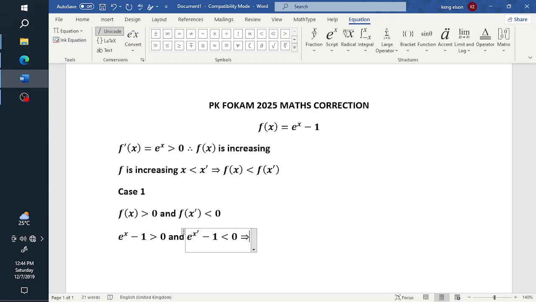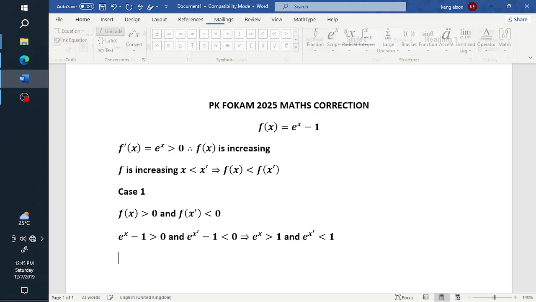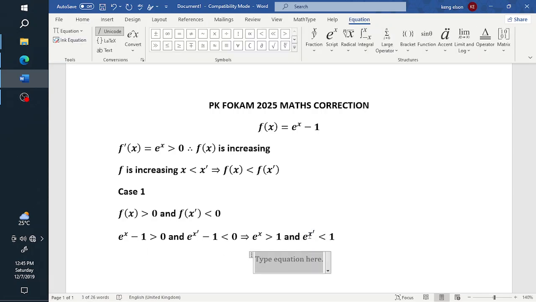So the first solution will be e to the x is bigger than 1, and the second solution will be e to the x prime is less than 1. If e to the x is bigger than 1, this one is actually the same as e to the power 0, and this other one is also the same as e to the power 0.